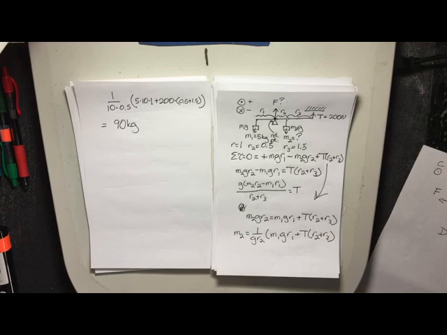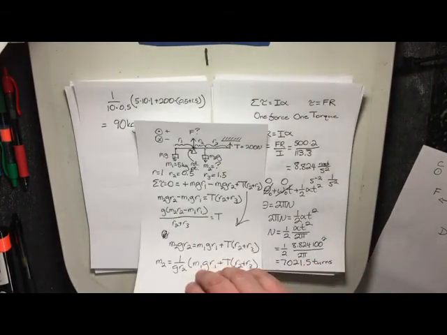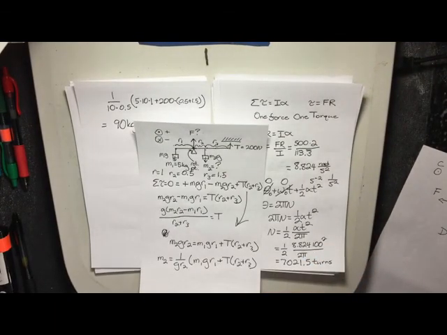Yes? Can you go back over how you make the sums? Okay. So we use the right-hand rule. If it's coming out of the page, it's positive. If it's going into the page, it's negative. What we do is we always start from the fulcrum and go out to the force.